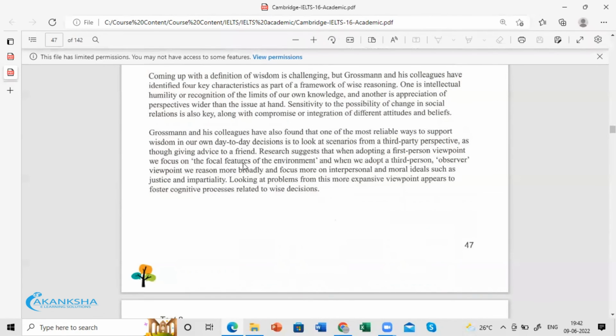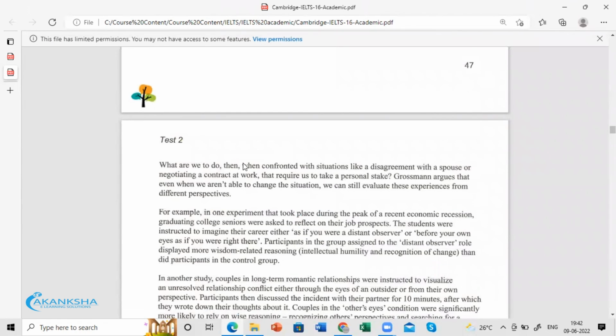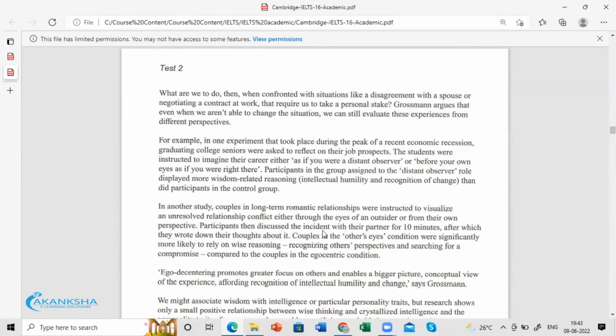Okay, let's see if he talks about first person anywhere else here. Right, he talks about this experiment, recent, students, first person. No, he doesn't talk about this anywhere here.